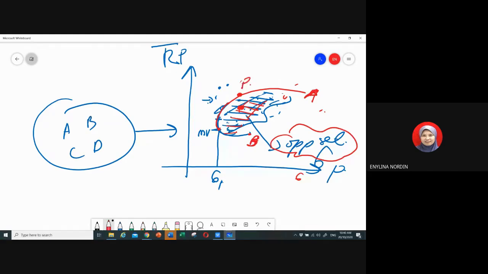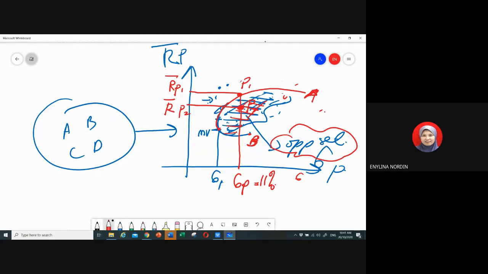Both give you the same standard deviation, let's say 11%, but two different expected returns. This is the expected return for portfolio 1, this is the expected return for portfolio 2.